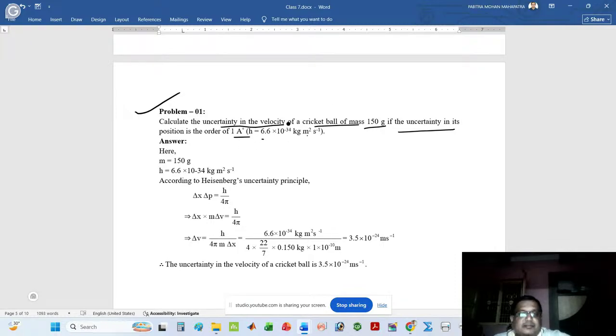From the question, m is equal to 150 gram. h is equal to 6.6 into 10 to the power minus 34 kilogram meter square second inverse.